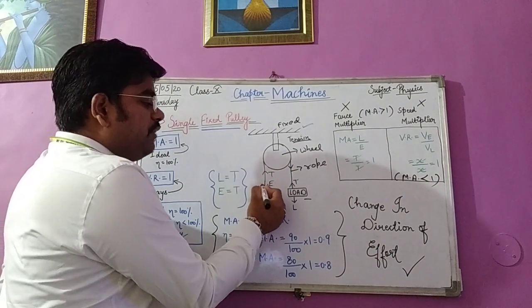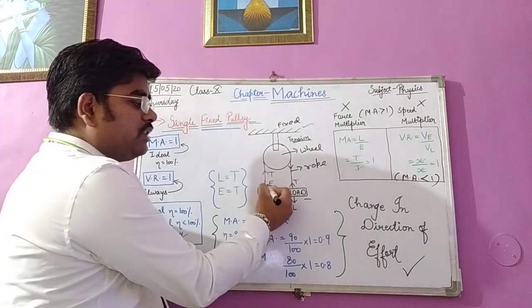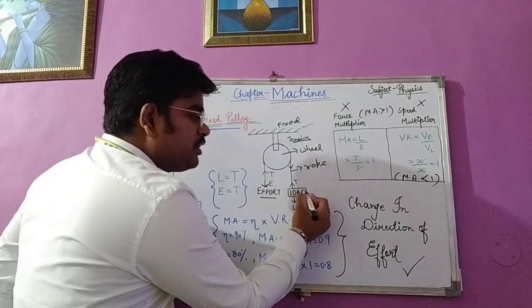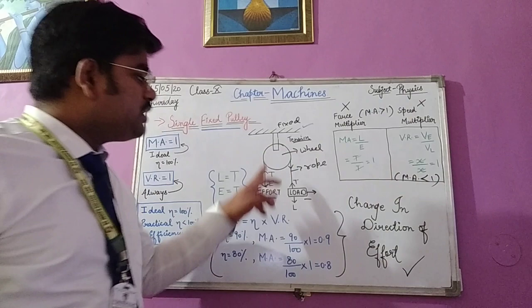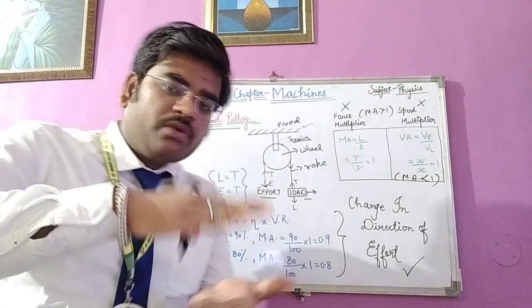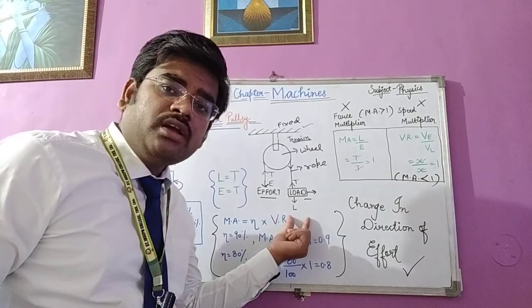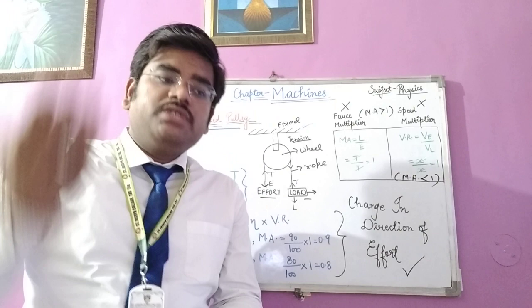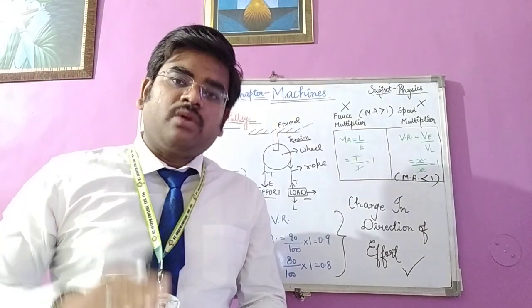Listen, effort is applied on it. How are you applying the effort? Suppose that here is the load. The load is attached to this pulley, and the load has a gravitational force. That's why the load is coming downward. If the load is coming downward, then an opposite force, a tension force, will act on the body.